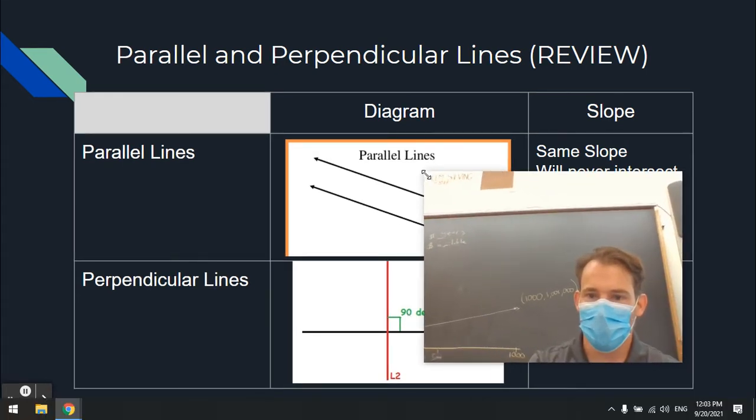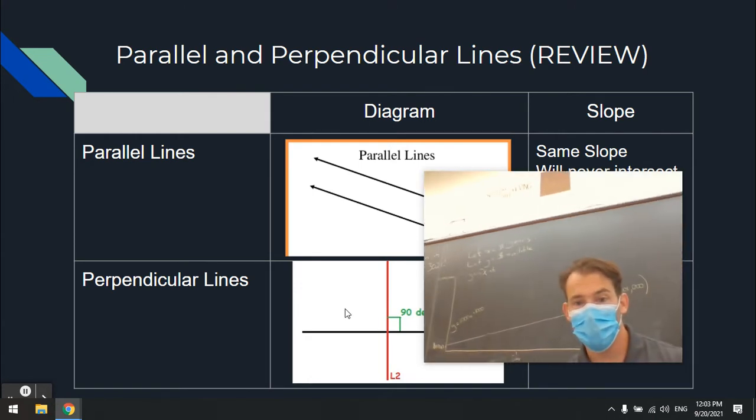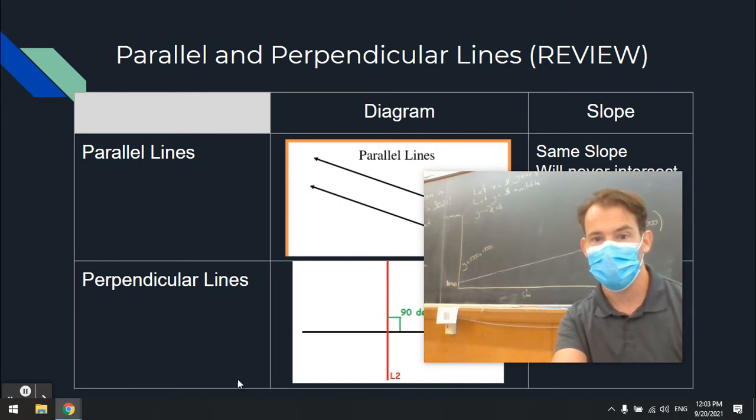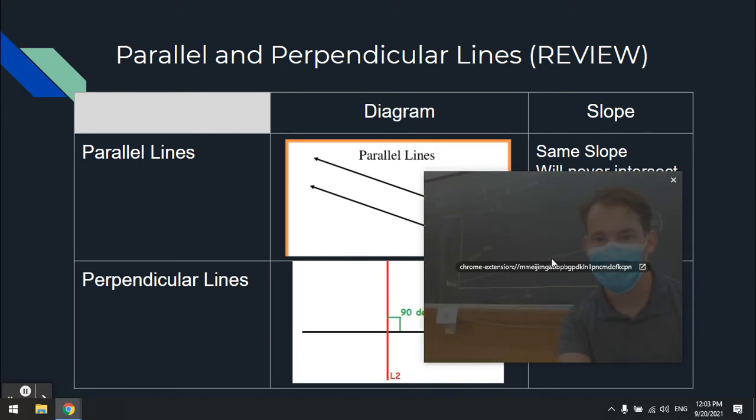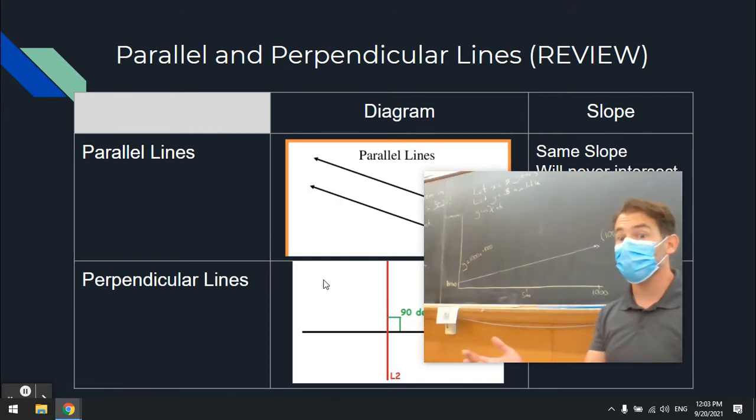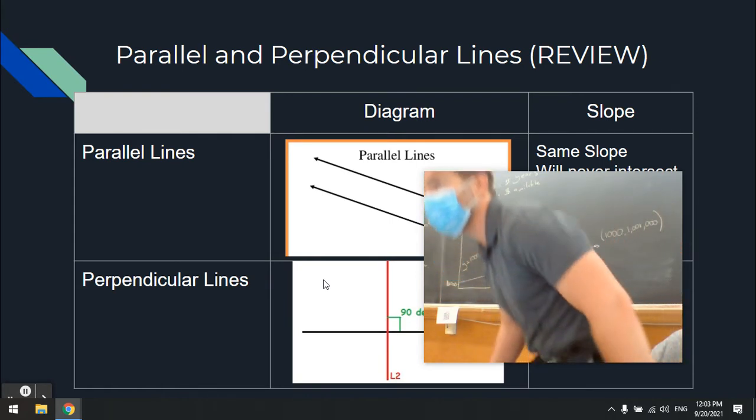If I draw a line perpendicular to our investment line, it's not going to have much meaning, but it will give us something that we can illustrate. So this is the line y equals 1000x plus 1000. Can someone give me the slope of a line that's going to be perpendicular to that?